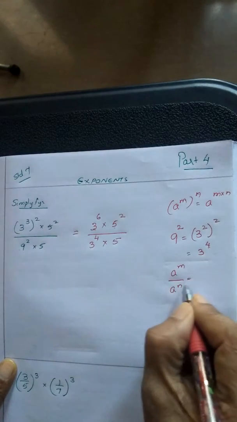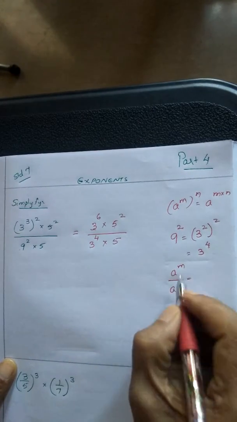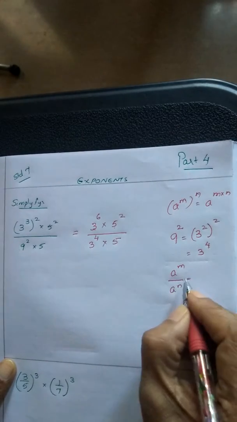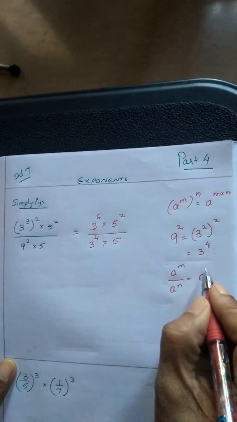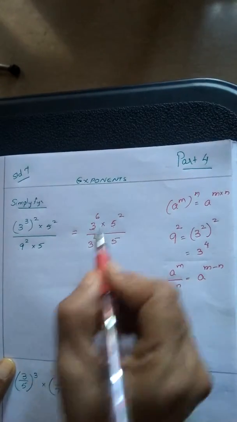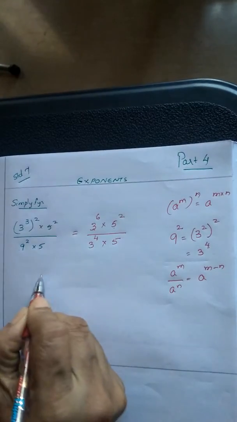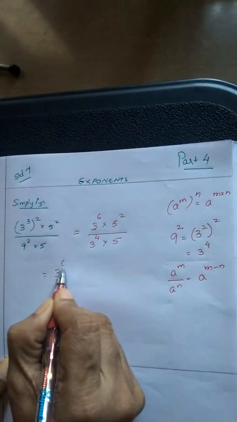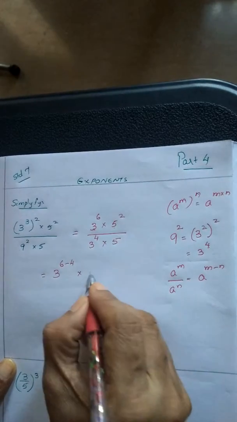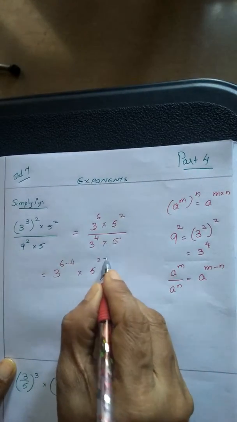When the bases are same and powers are different, and when we have to divide the both, we have to subtract the powers. So a to the power of m minus n. So we will use it here. So this is equal to 3 to the power of 6 minus 4 into again 5 squared minus 1.